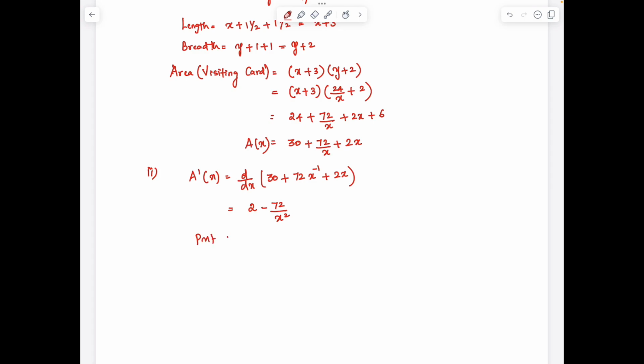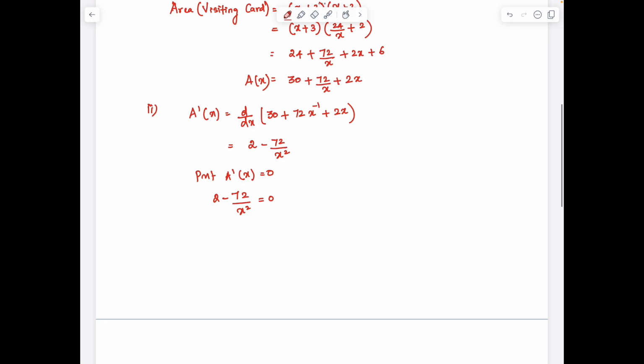Let's put this A dash to 0. 2 minus 72 by x square is equal to 0.